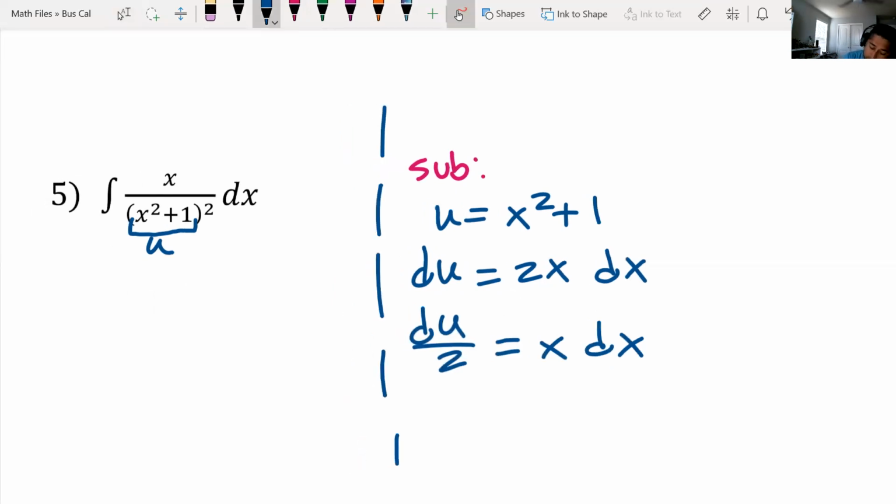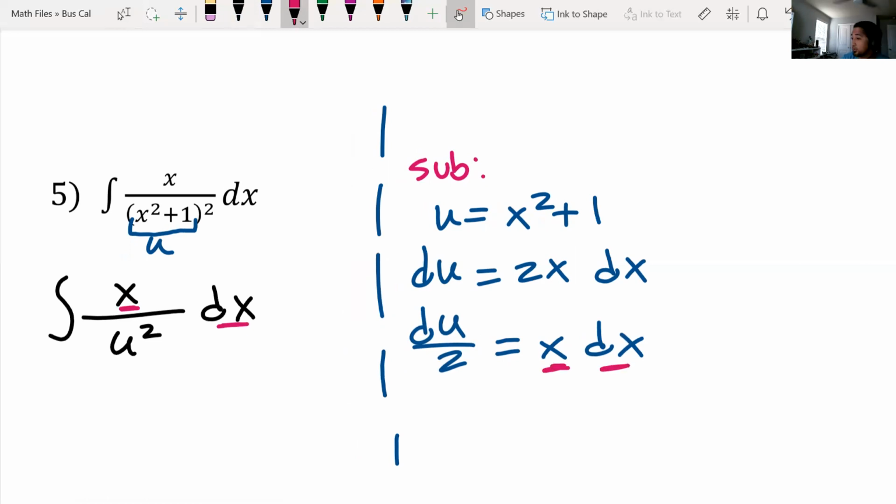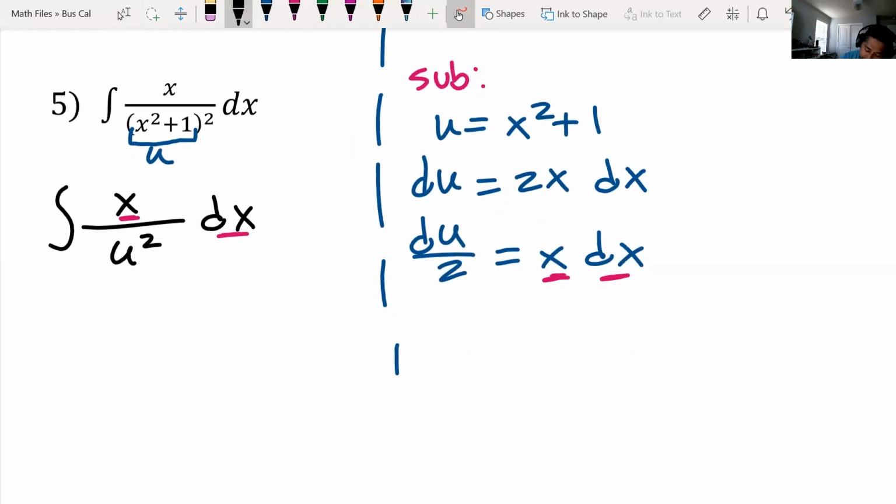Okay. Now, let's see what we have. We've got the integral of x over u squared dx. Now, what looks common? The x and the dx, right? But of course, I'm going to rewrite it so we can see it better.